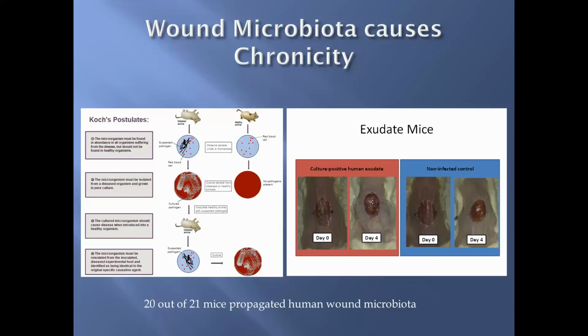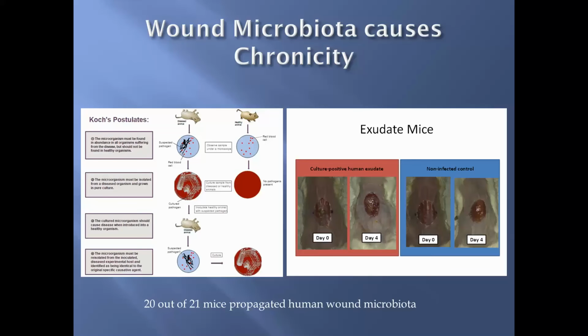What we found in our mice, now we've done over 40 mice, is that all but one will show that when we seed the slough or the microbiota from a chronic human wound into this mouse model, we get a glistening slough that forms exudate, and the most important thing is the wound healing is stalled.